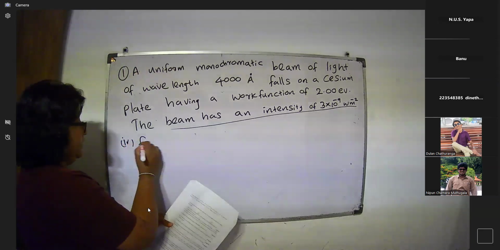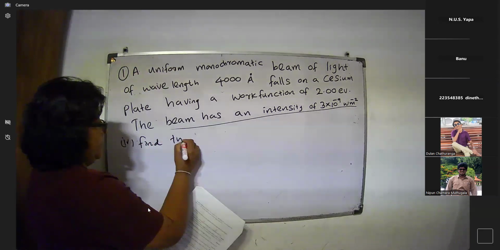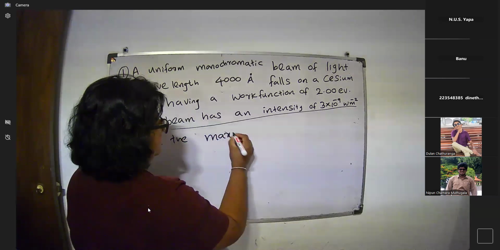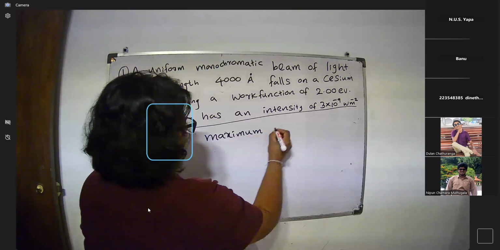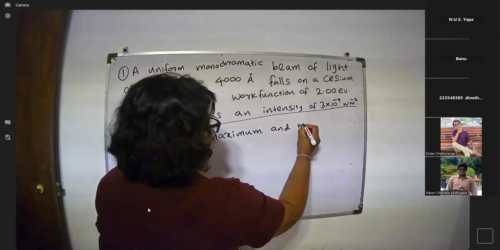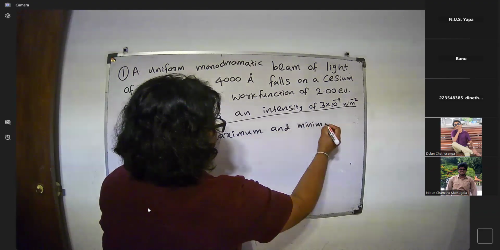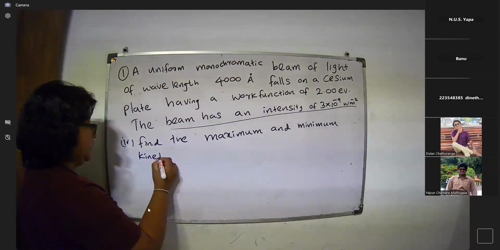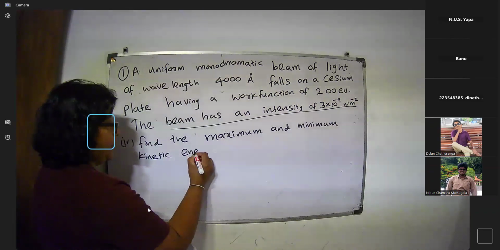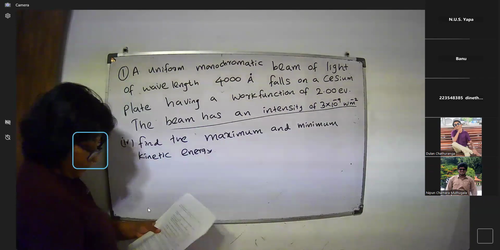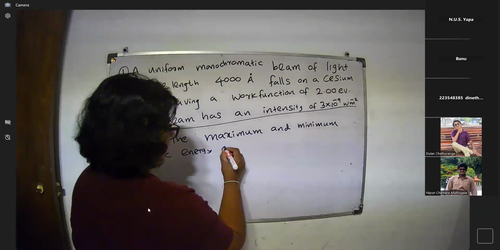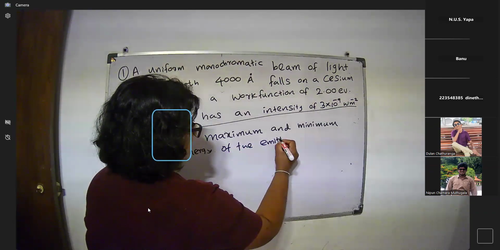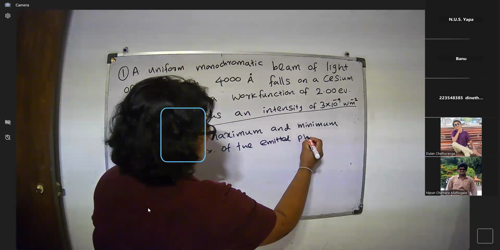Fourth one: find the maximum and minimum kinetic energy of the emitted photoelectrons.